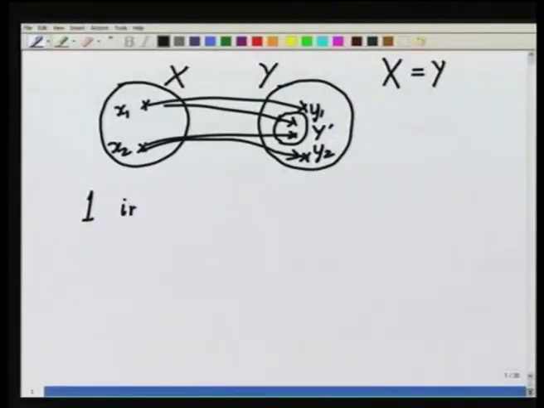We have found that systems can independently have or not have two properties. The first was injectivity, and if we recall, the property of injectivity said that if x is not equal to x prime, then y is not equal to y prime.